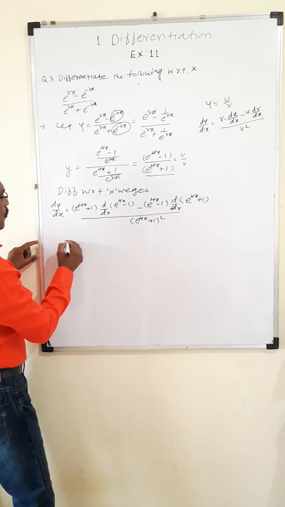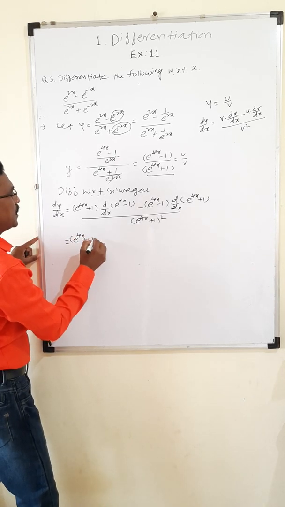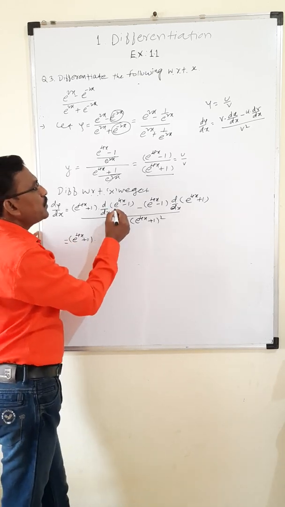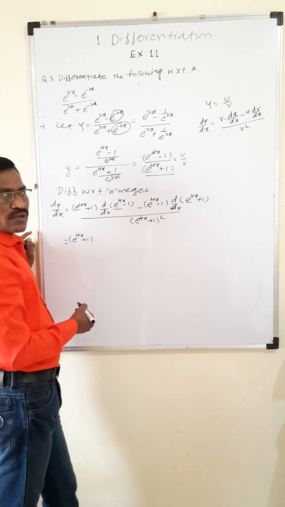Now it is equal to, keep this term as it is, e raised to 4x plus 1 as it is, into the rate of e raised to 4x. It is an exponential function, and the rate of e raised to x is e raised to x.